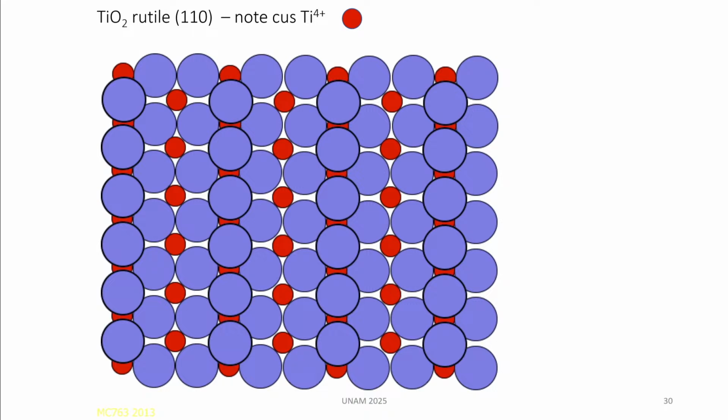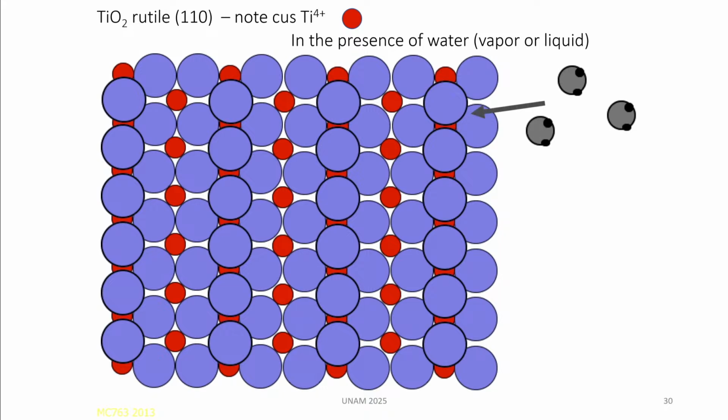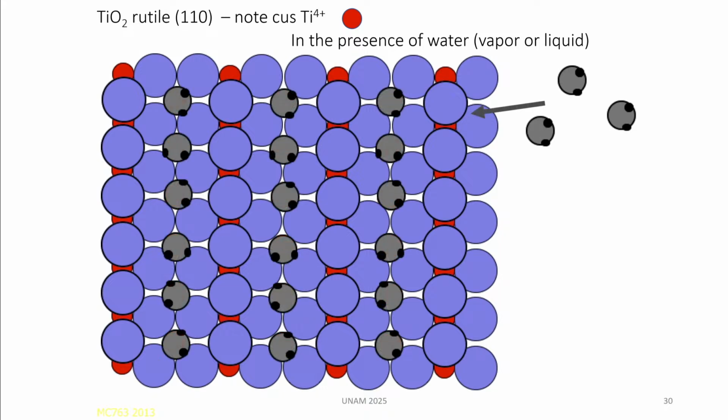So what we get here is a so-called Lewis acidic structure, an electrodeficient ion that can react with a Lewis base, like water. Water has non-bonding electron pairs. And so water will have a strong tendency to adsorb on the exposed Ti4+.